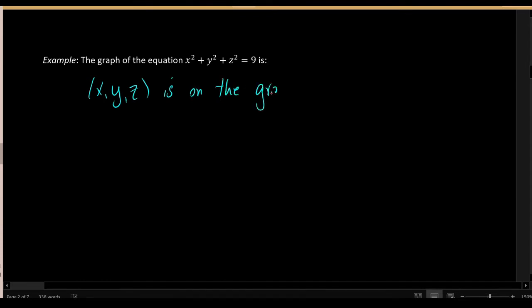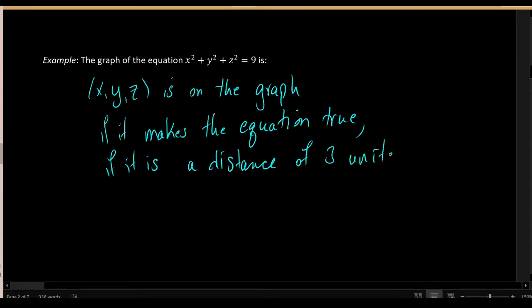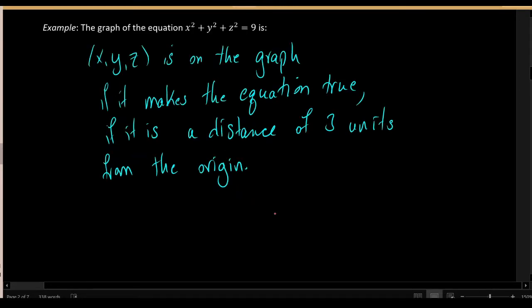XYZ is on the graph if it makes the equation true, and because this equation came from the distance formula, this happens if it is a distance of 3 units from the origin. And thus our graph had this spherical shape, centered at the origin of radius 3.